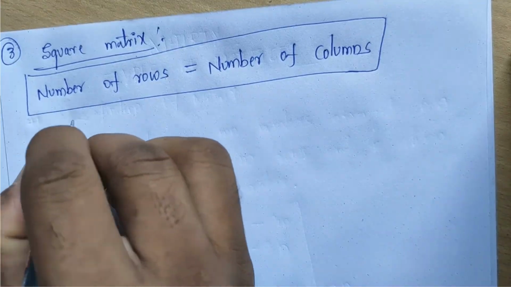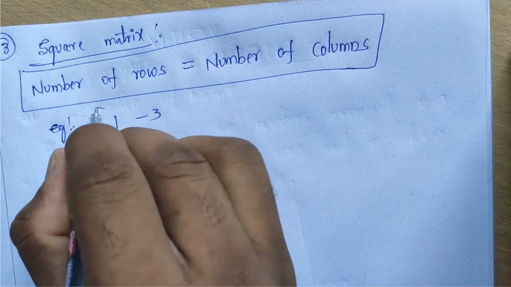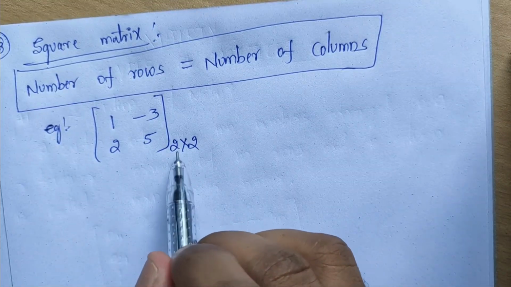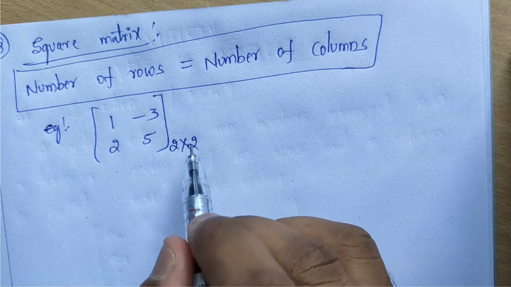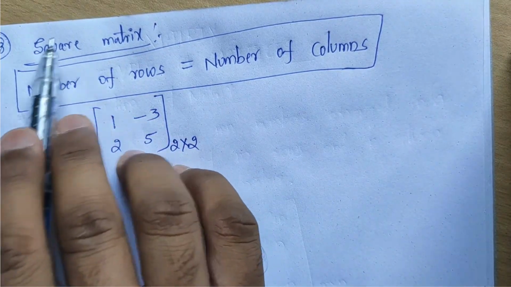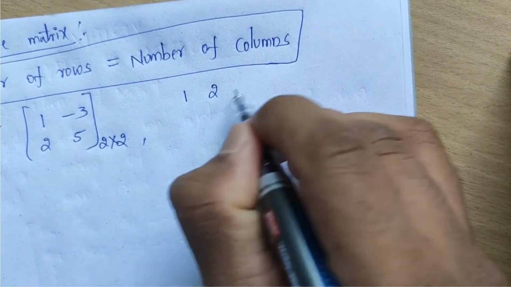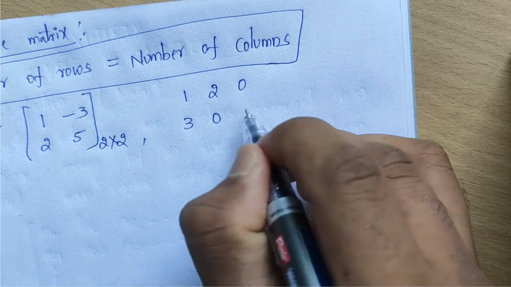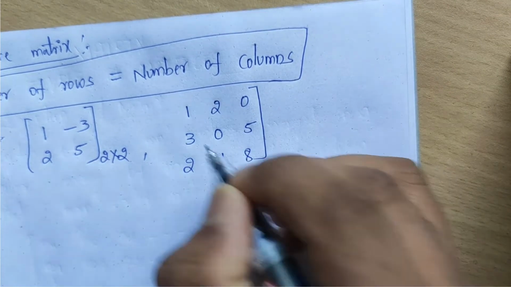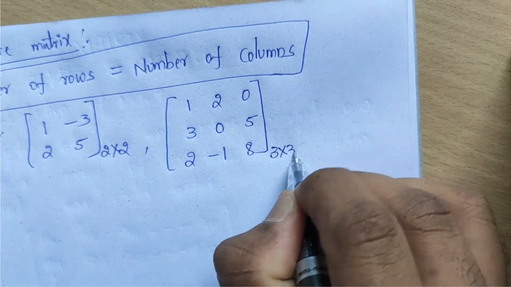Example: 1, minus 3, 2, 5. It is a 2 cross 2 matrix. 2 are the rows, 2 are the columns. In the 3 cross 3 matrix, 1 2 0, 3 0 5, 2 minus 1 8, the number of rows is equal to number of columns.